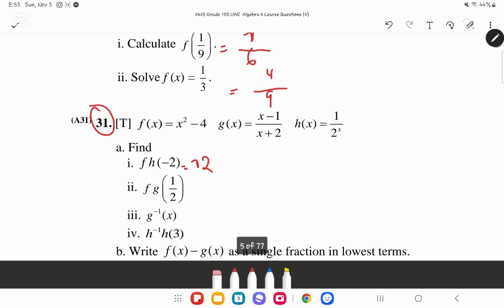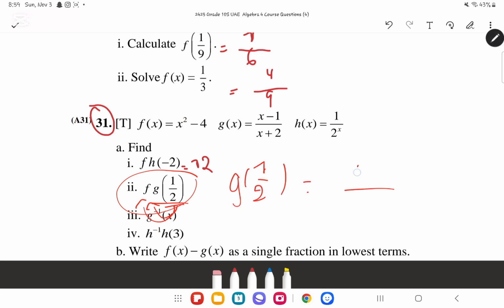For the second one, now they're asking us for f of g of 1 over 2. So simply replace 1 over 2 in g and then the answer into f. So replacing 1 over 2 in g, we are gonna get g(1/2) is 1 over 2 minus 1, over 1 over 2 plus 2.